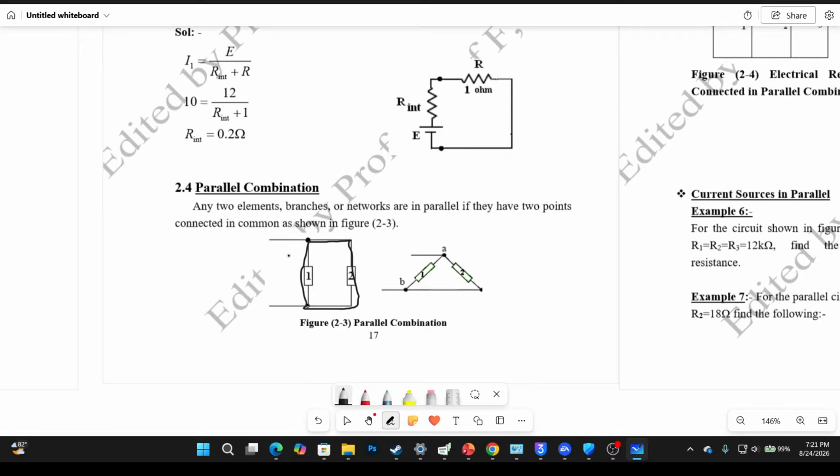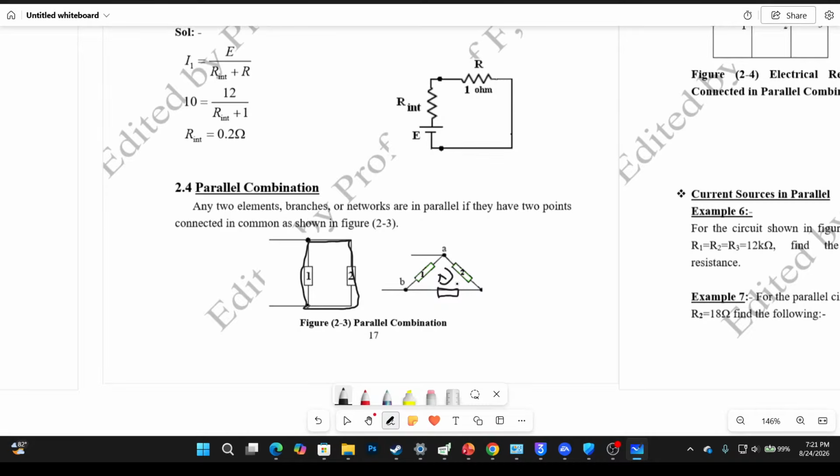Then you can say these resistors are in parallel. Looking across this loop, you could get only two resistors. There is no other component, only two. If the resistors are three, it doesn't make the resistors in parallel. There should be only two across a loop.